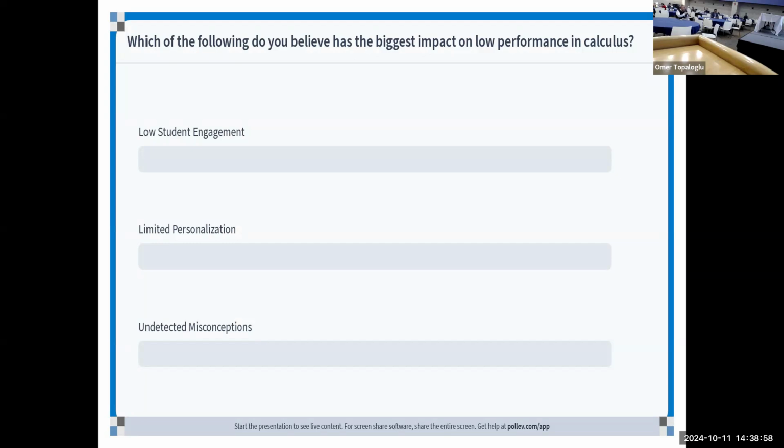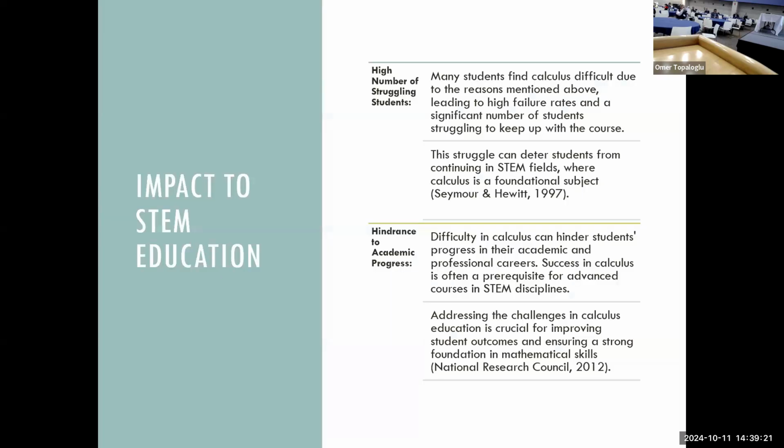And who says limited personalization and undetected misconceptions? Okay. So it's like maybe all of them, but if there's a low engagement, that may also trigger all the other ones as well for the students to understand and try to learn more about those. All three are very important concepts.